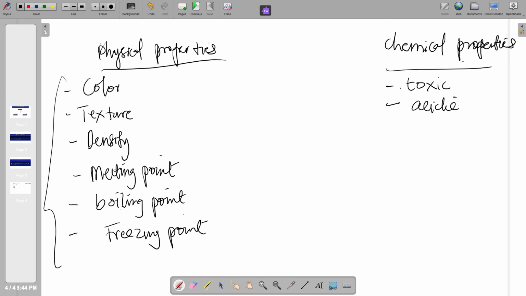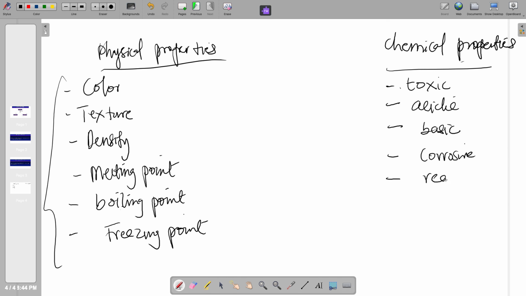So acidity is also a chemical property. Is my substance basic? So basicity is also a chemical property. Is my chemical corrosive? So corrosiveness is also a chemical property.